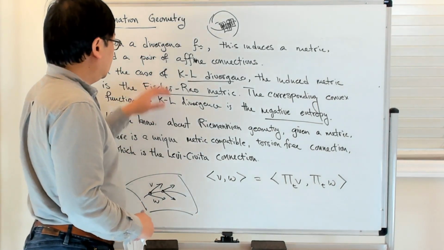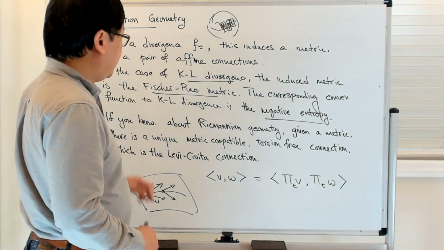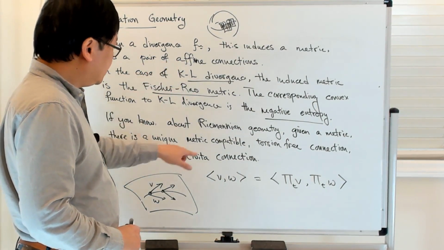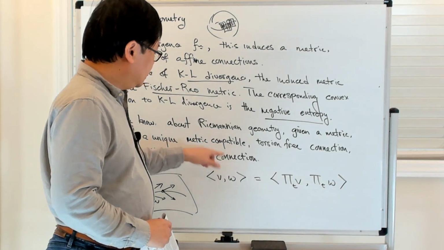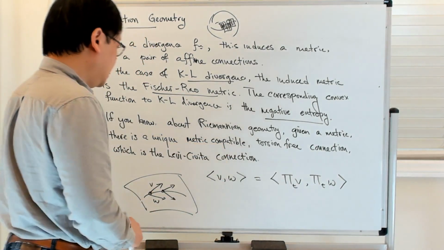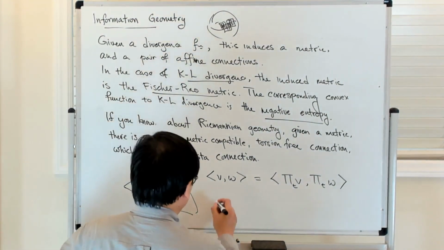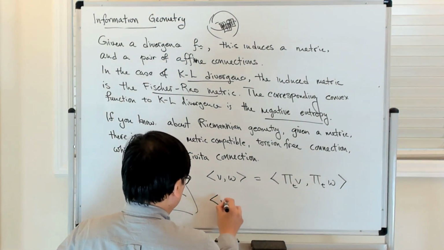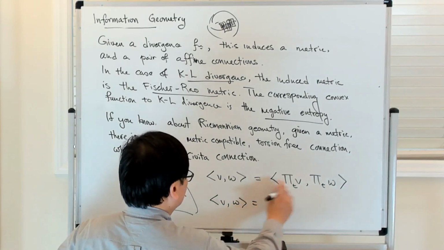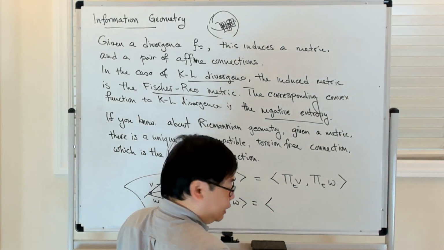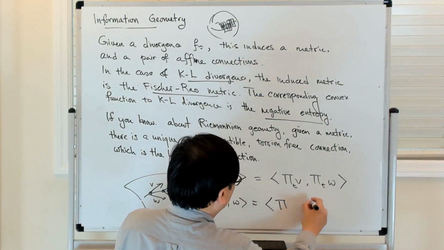Okay. So when you do have this pair of affine connections, is there some sense in which it generalizes this notion of metric compatibility? It does. Instead of the inner product of v and w being equal to the inner product of the parallel transports of v and w, you now have two different connections, let me call them pi and pi tilde.